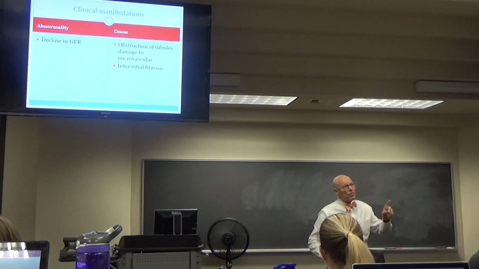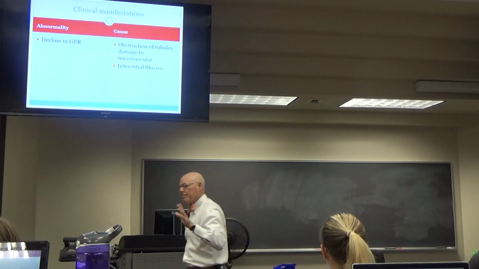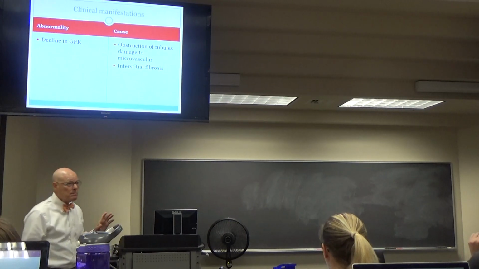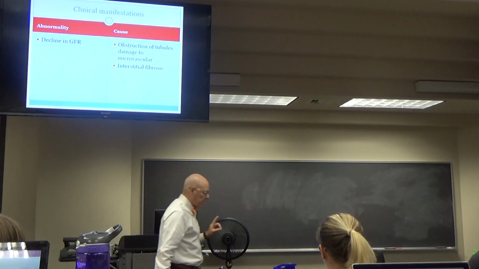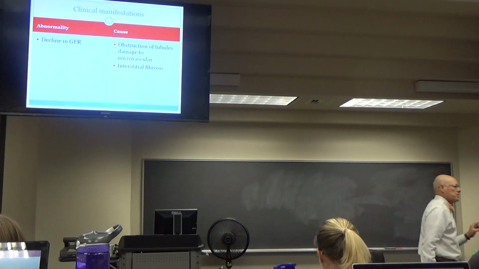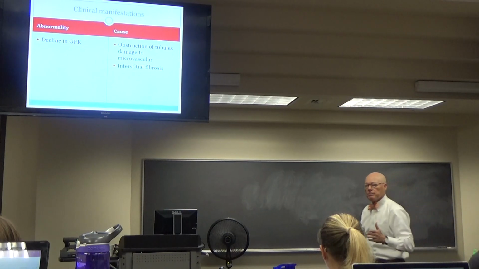And then the big one is interstitial fibrosis. This is a sloppy, ambiguous term, but it's important in the pathology of tubulointerstitial disease. For whatever reason, exposure to certain things can cause fibrosis of the interstitium.